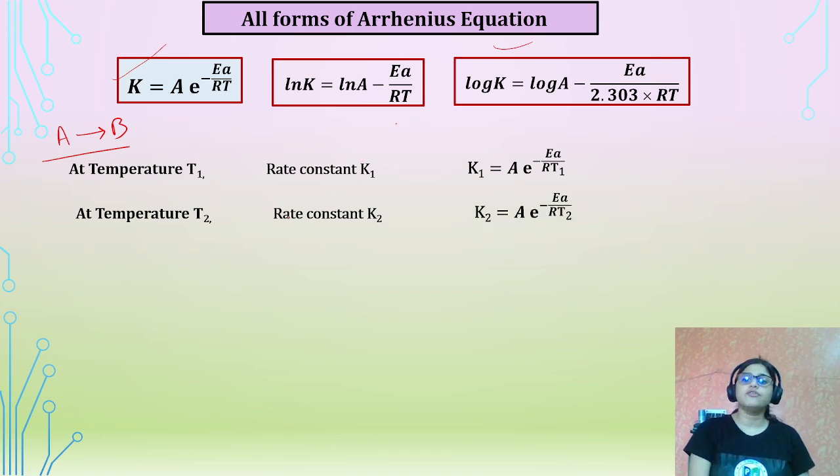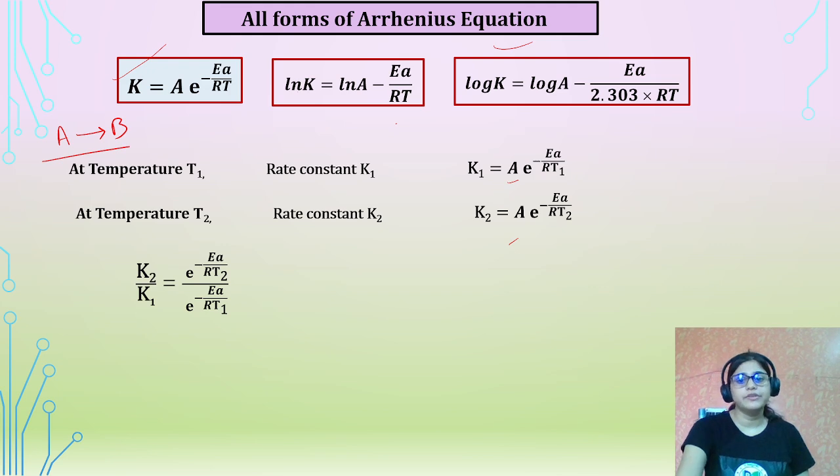That time K2 will be A e to the power minus Ea by RT2. As the reaction is the same for both, the activation energy is the same and A is also the same here. Fine. Now what can we write? If we take the ratio, K2 by K1 will be this.